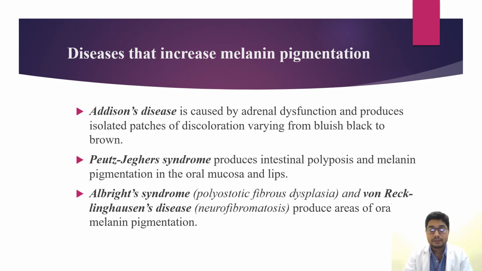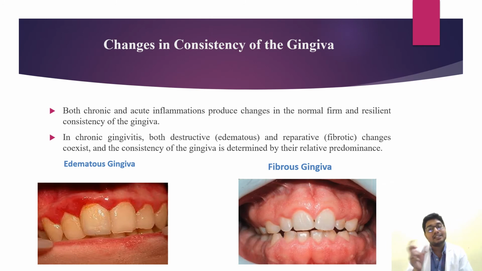Changes in the consistency of the gingiva will also be seen clinically if the patient has gingivitis. Both chronic and acute inflammation produce changes in the normal firm and resilient consistency of the gingiva. This is the normal consistency, which is firm and resilient. But in chronic gingivitis, there is a destructive phase, when the collagenase enzyme comes and degrades the collagen.